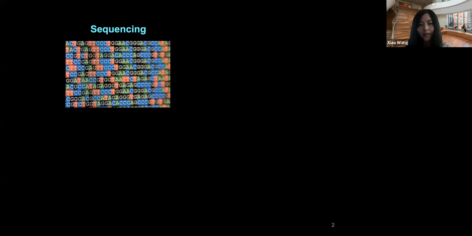The story begins with thinking about how we can best characterize biological systems. From one side, all cells and tissues are ultimately determined by the DNA sequence. So sequencing is definitely one cornerstone technology enabling us to decode biological information.